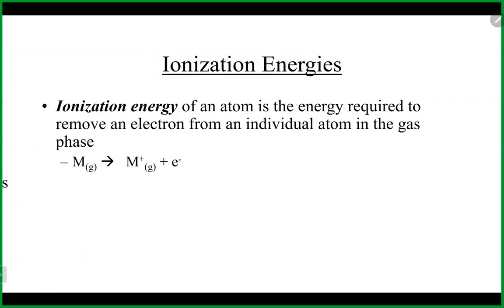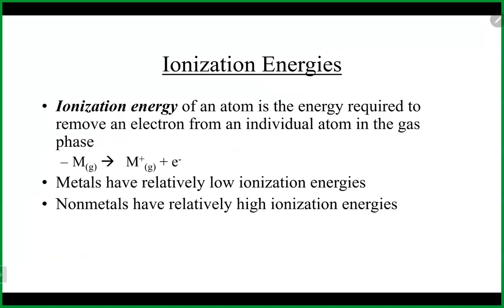So let's talk about what happens when somebody does lose an electron. Ionization energy is the energy required to remove an electron from an atom in the gas phase. And that's what happens when we do lose it. Metals have relatively low ionization energies, and nonmetals have relatively high ionization energies.